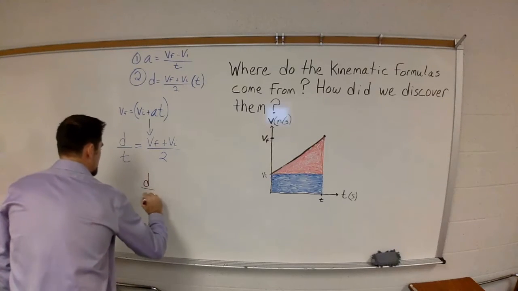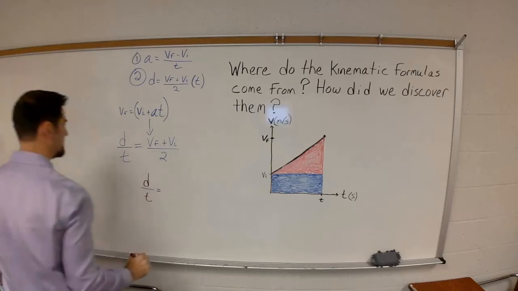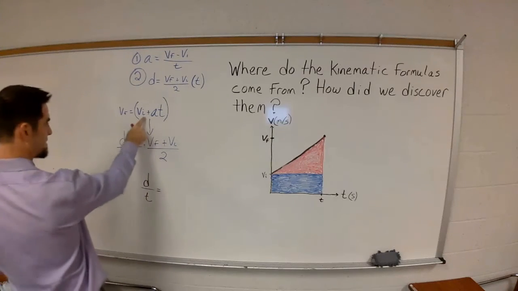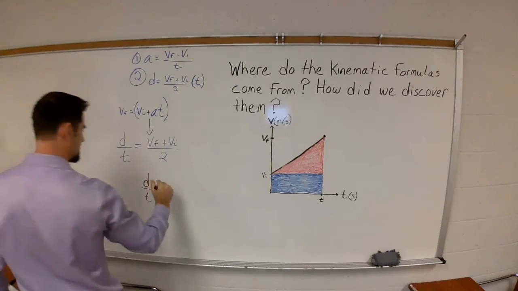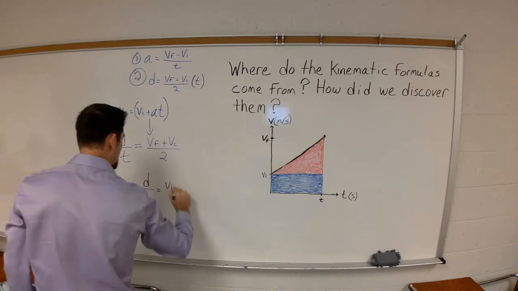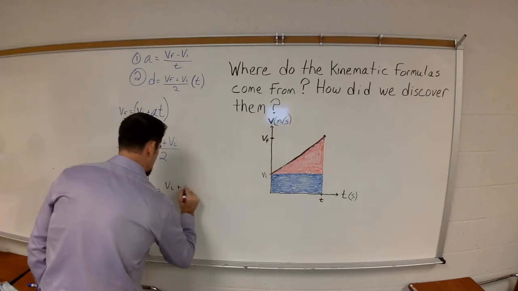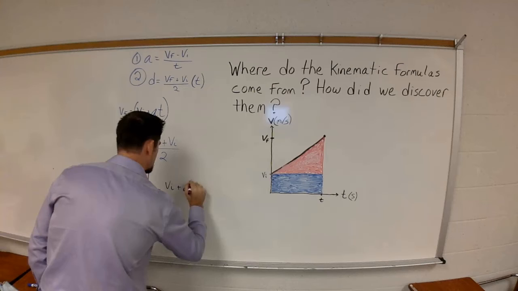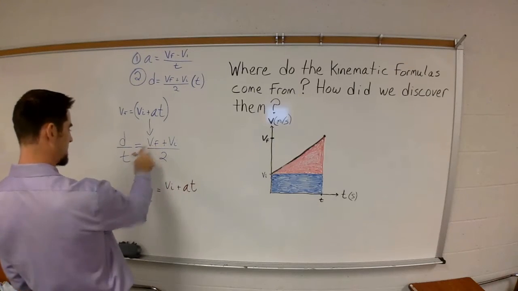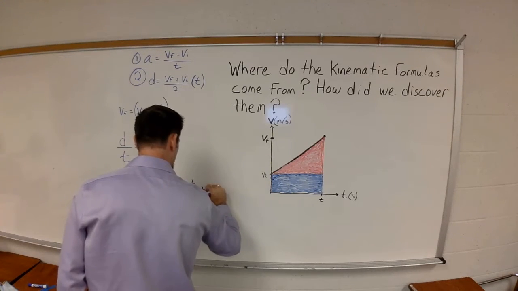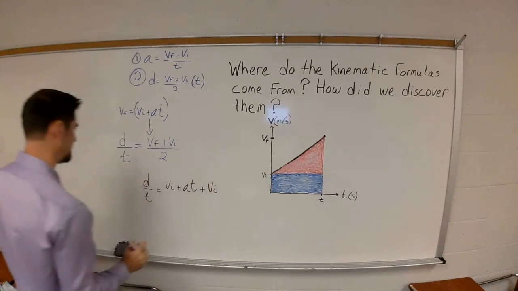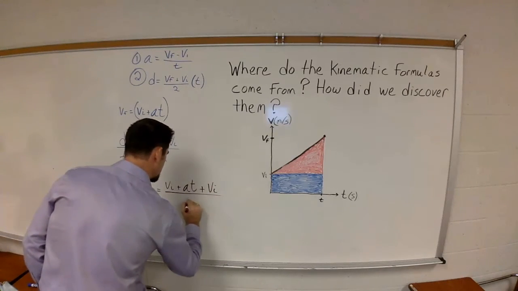We've got distance over time is equal to, remember we're substituting this term for final velocity, initial velocity plus acceleration times time, so that's our VF, plus VI again, and all this is over 2.